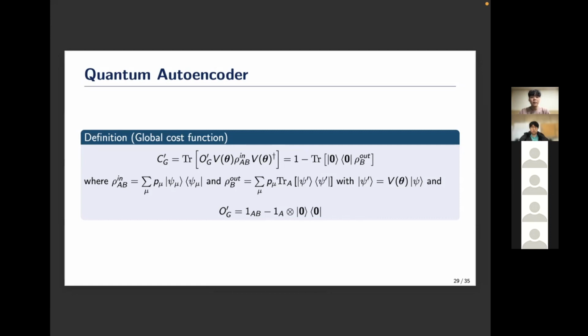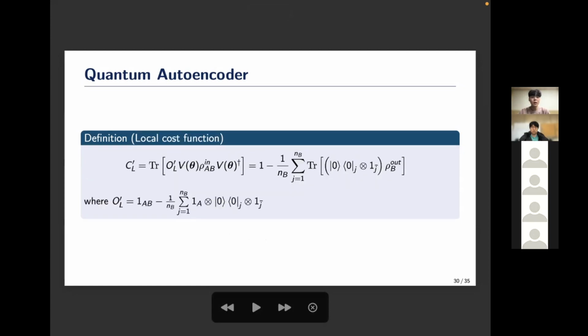The global cost function for the quantum autoencoder problem is like following. You can see that the observable OG is a global observable. And the local cost function consists of the local observable OL.